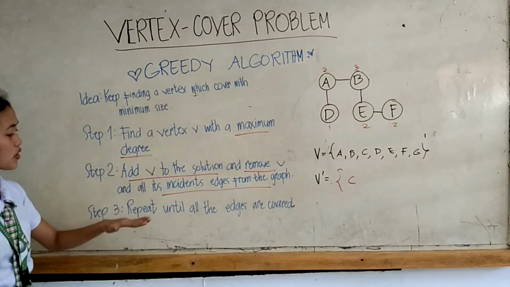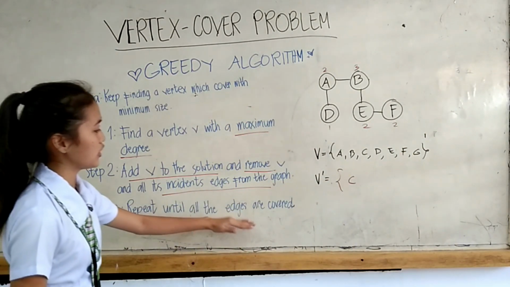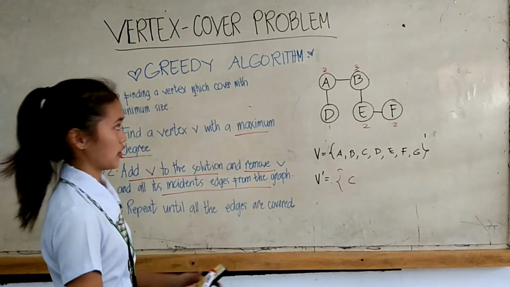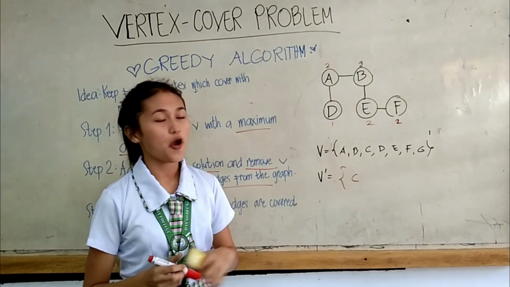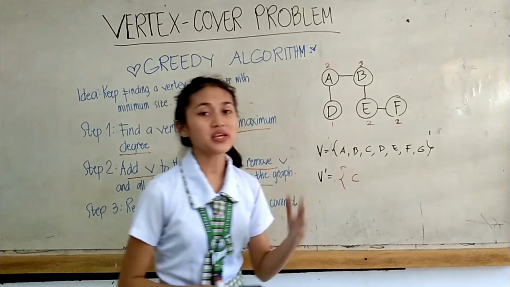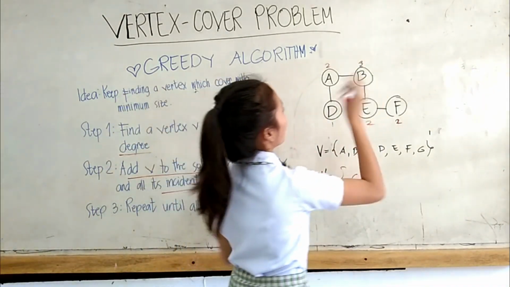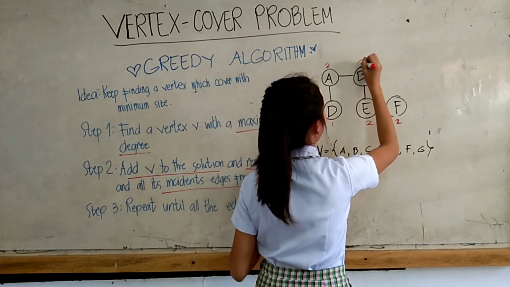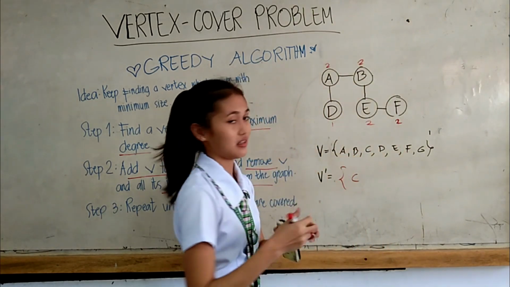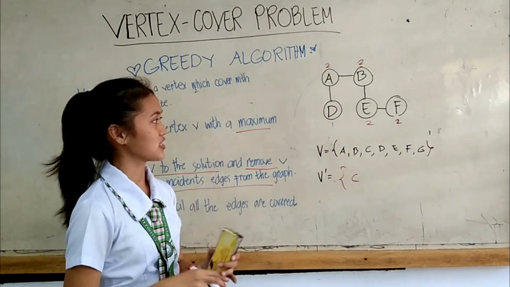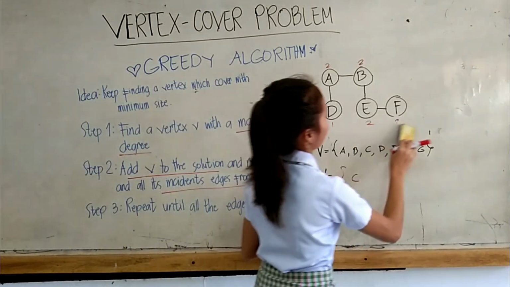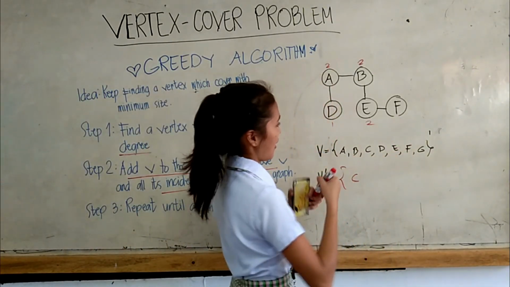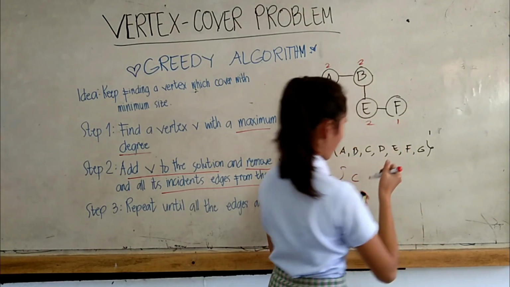Step 3, we repeat until all the edges are covered. As you can see, vertex B is now updated and has 2 edges left. And then vertex F has 1 degree.